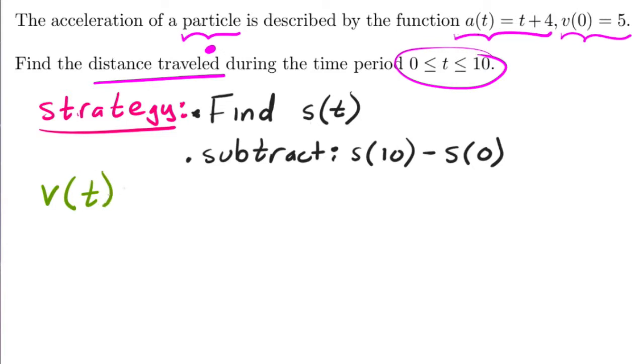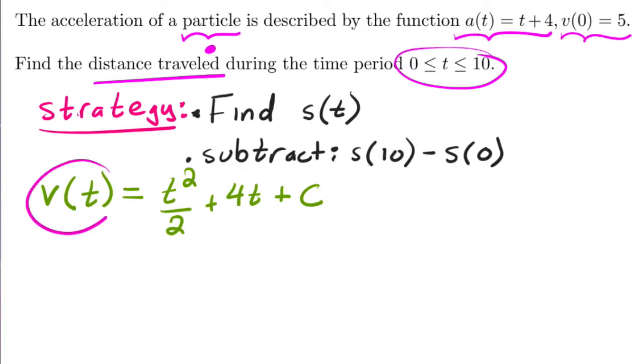So first off, the velocity. The velocity is the antiderivative of the acceleration, which would be t squared over 2 plus 4t plus c. Then I use my information about the velocity. I know that when time is equal to 0, the velocity is equal to 5.